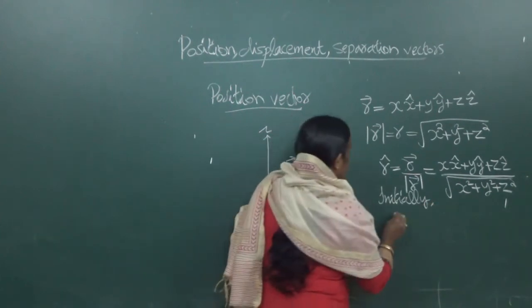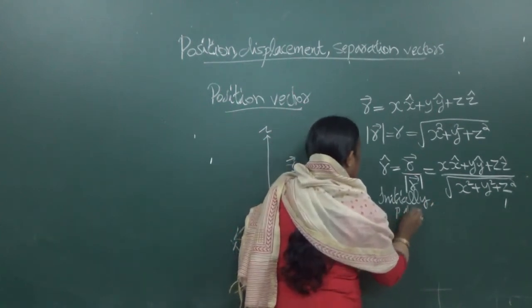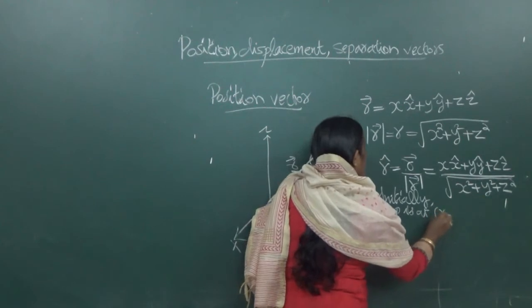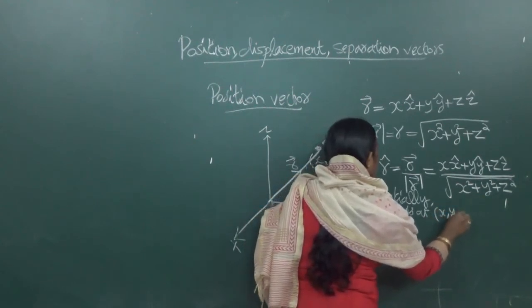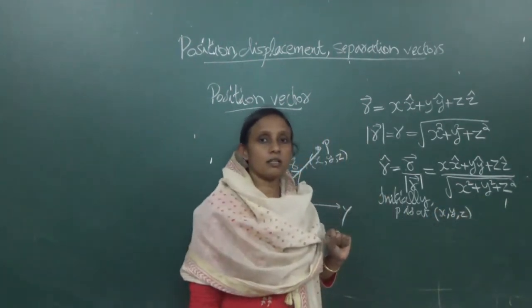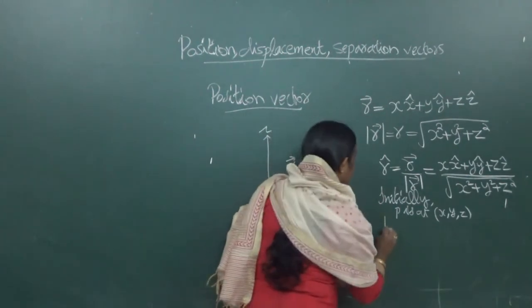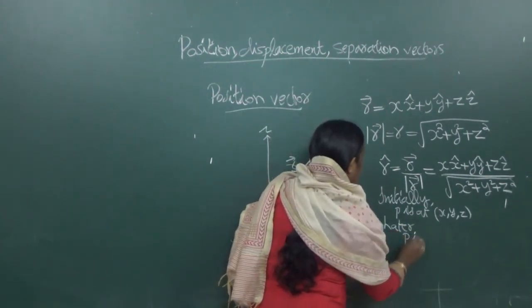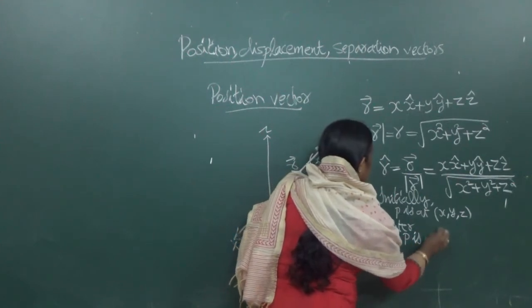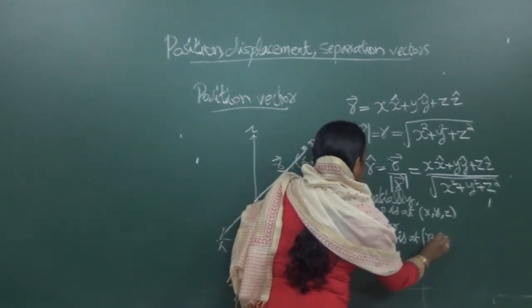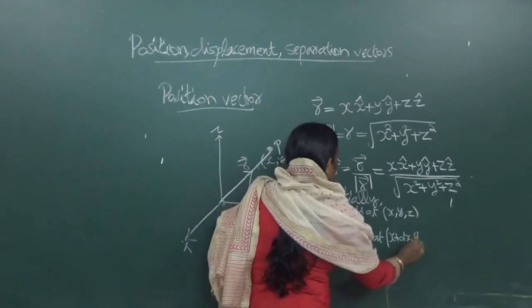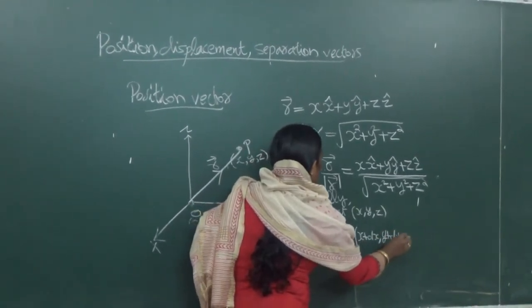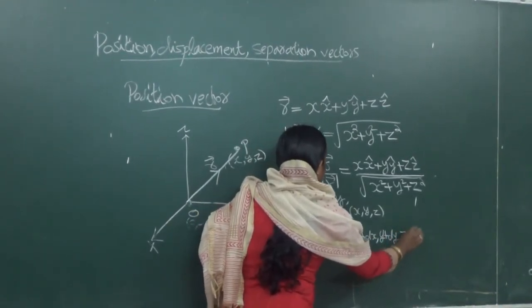Initially the point P is at x, y, z. After a later time, P is at x plus dx, y plus dy, z plus dz.